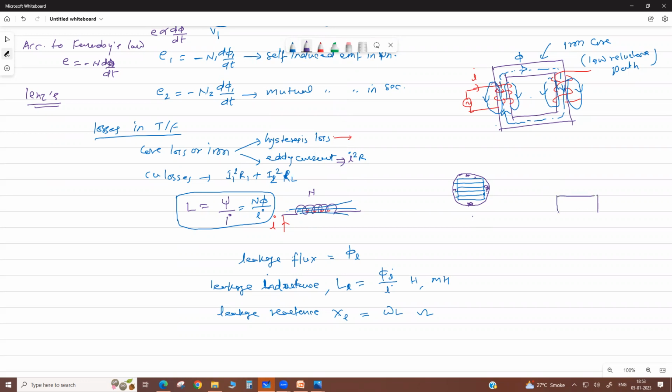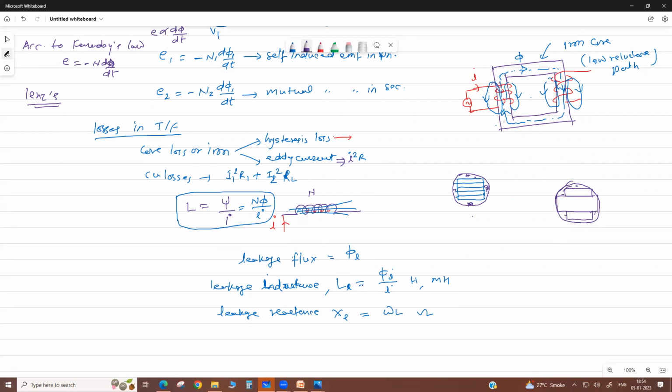But here in cruciform, the laminations are of different dimensions. Like a two-stepped core, there may be multi-stepped. Now see, this air gap is reduced.